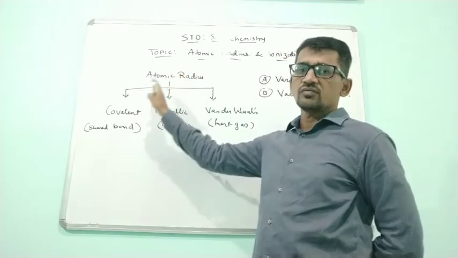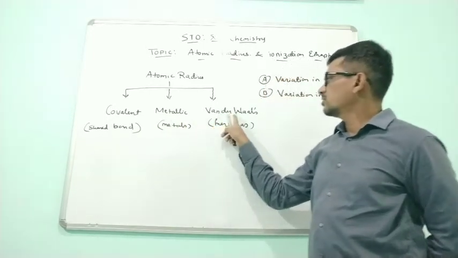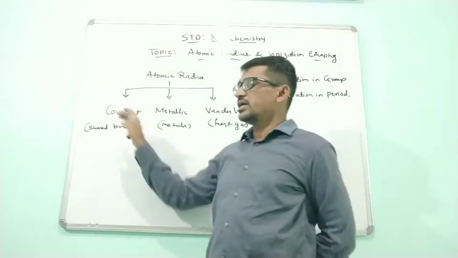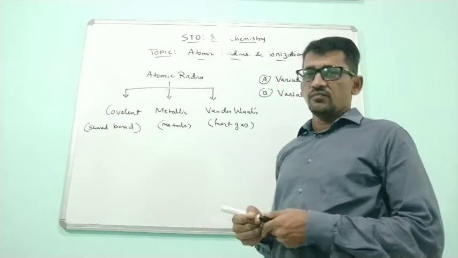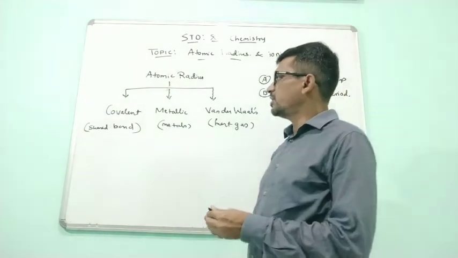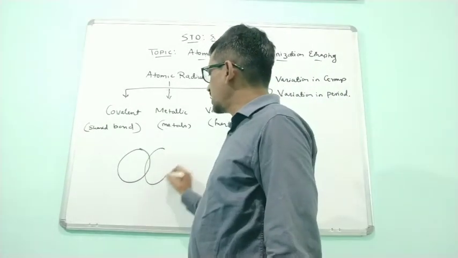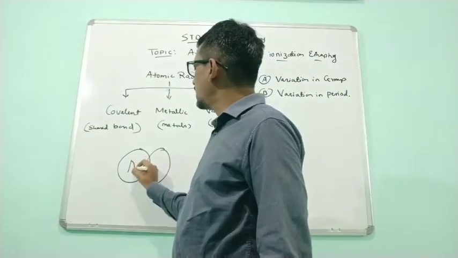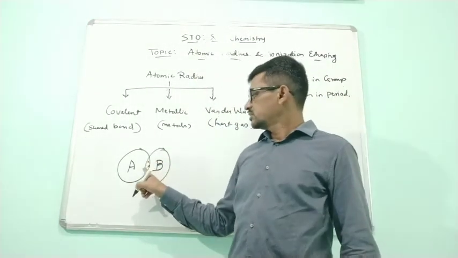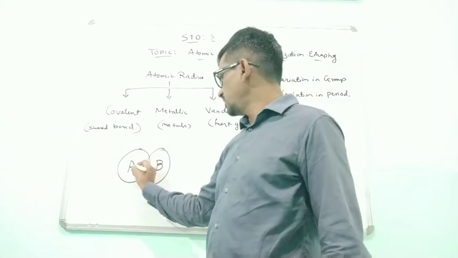This radius is of three types: covalent radius, metallic radius, and van der Waals or inert gas radius. First one is covalent radius. If atoms are bonded by a covalent bond, that means sharing of electrons. Suppose atom A reacts with B and forms a sharing of electrons, then it is known as a covalent bond.